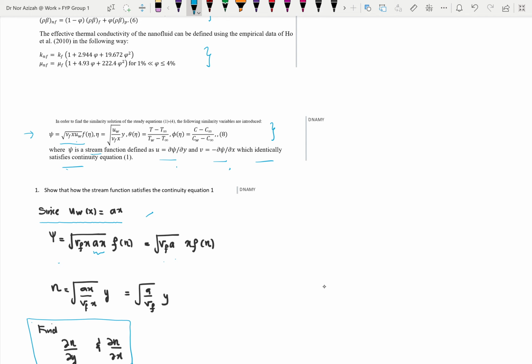Because you got x squared, you will get multiplied by x f of eta. Nu nf, you need to check what is the nu. Nu is the kinematic viscosity.